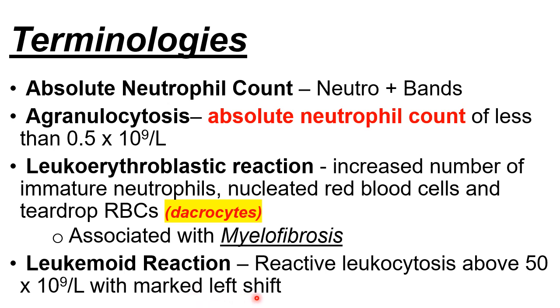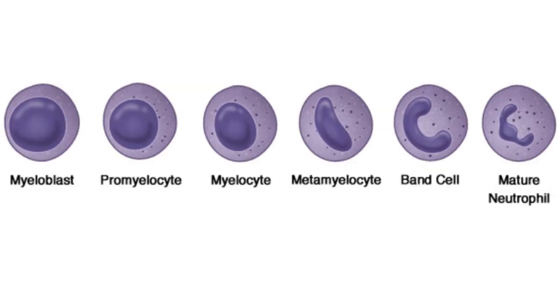Ano ibig sabihin ng shift to the left? Hindi left side ng PBS or ng smear nyo. Ibig sabihin ng shift to the left, discuss lang natin. So pag sinabi nating left shift or shift to the left, mas marami yung bilang ng cells na immature or nasa left side of the maturation lineage.